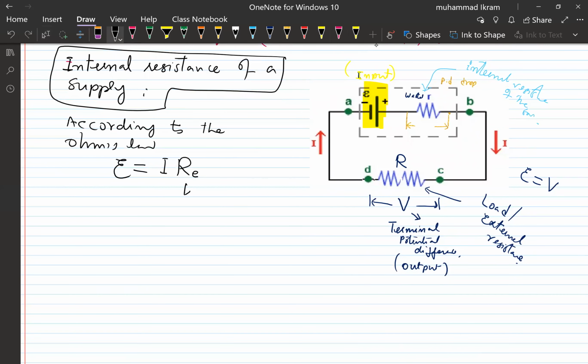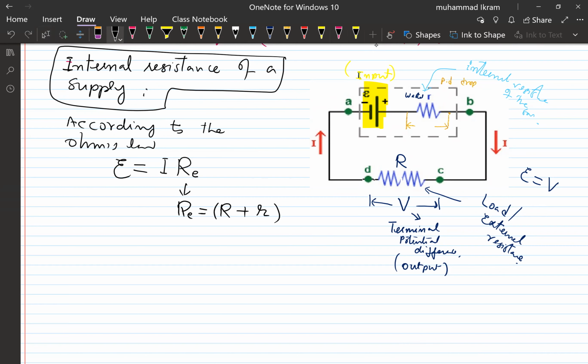Now, what is the total resistance of the circuit? The total resistance of the circuit is equal to the load resistance plus the battery's own internal resistance, in which some of the energy is dissipated in the form of heat to overcome the internal resistance.